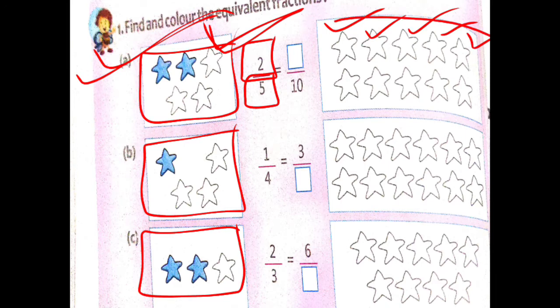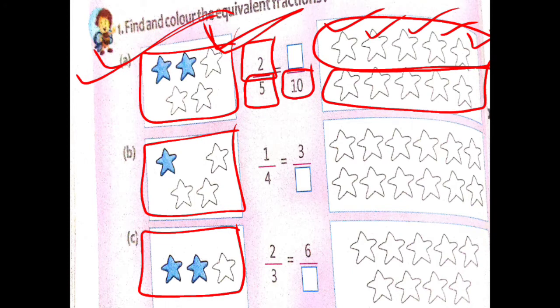If in a row there are 5, then total how much? 10. So 10 as denominator is already written. Now you have to shade the portion of this fraction so that it becomes equivalent to this 2/5.